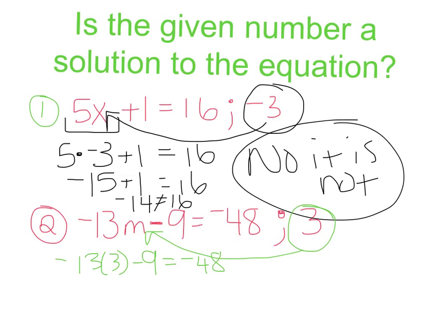Negative 13 times 3 gives you negative 39, and then negative 39 minus 9 gives you negative 48. So negative 48 obviously equals negative 48. So yes, this one is a solution.